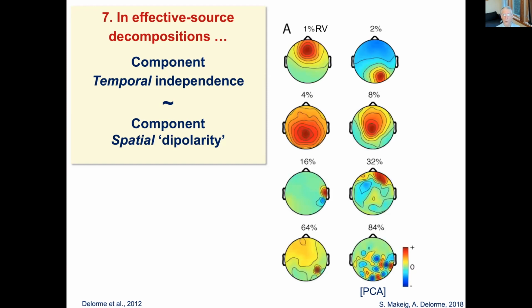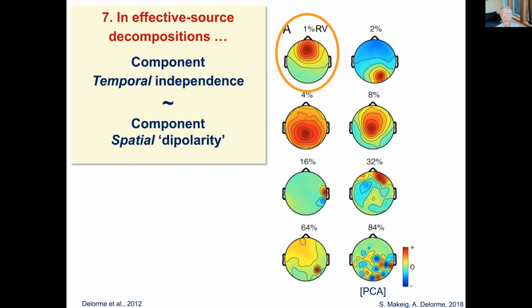Here are some components, and what it means is, if a component's dipolar, its scalp projection, learned from the data by ICA, without knowledge of where the electrodes are, or anything about electrophysics, almost perfectly resembles that of a single equivalent dipole in an electrical head model.